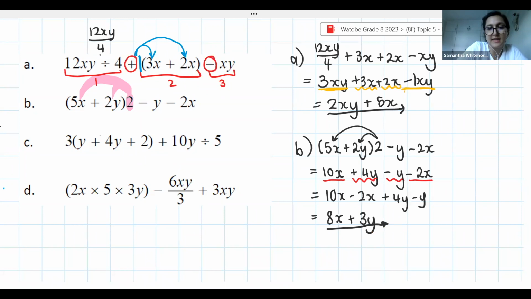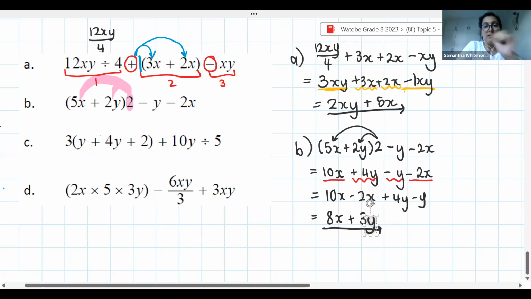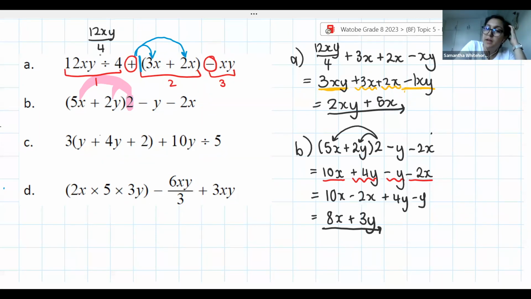Right, so guys, exactly 8x plus 3y. We multiply the 2 into the bracket. So what we have is 2 times 5x, which gives us 10x, and 2 times 2y, which gives us 4y. So that's where this came from over here. We then had the minus y and the minus 2x.